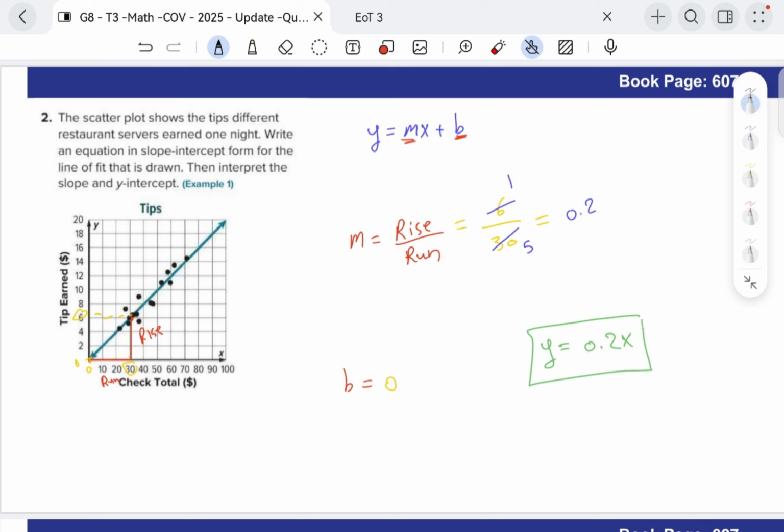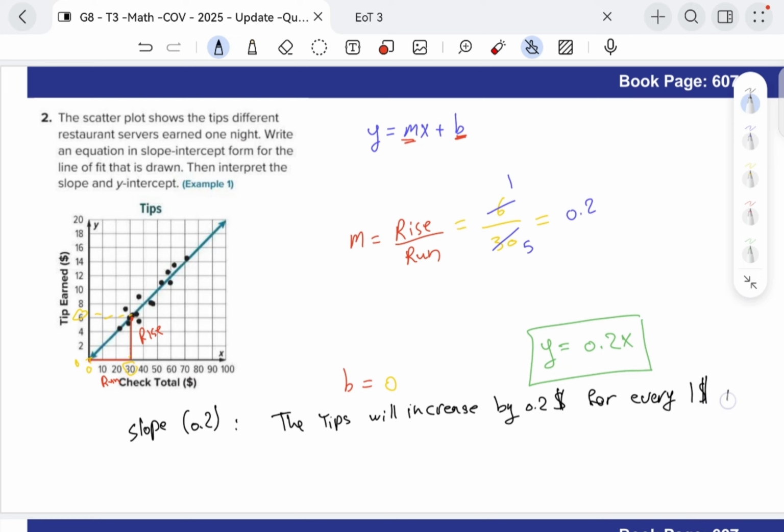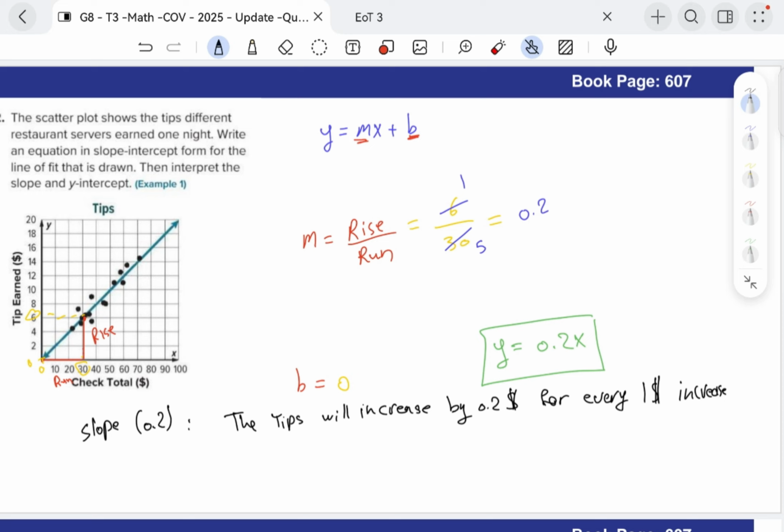The question also asked me to interpret the slope and the y-intercept. The slope, which is 0.2, means that the tips will increase by $0.2 for every $1 increase in the check total.